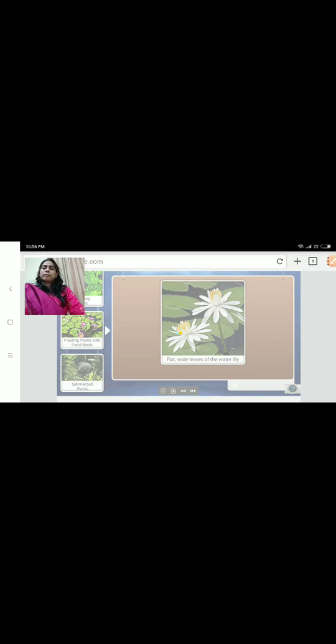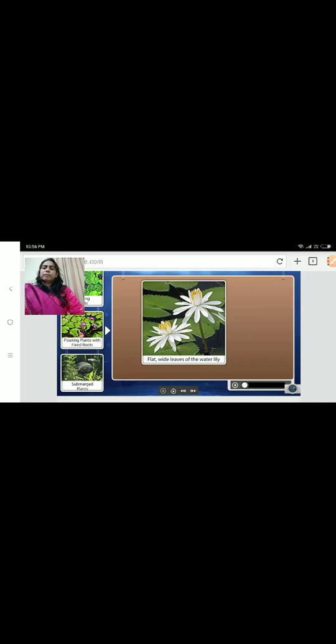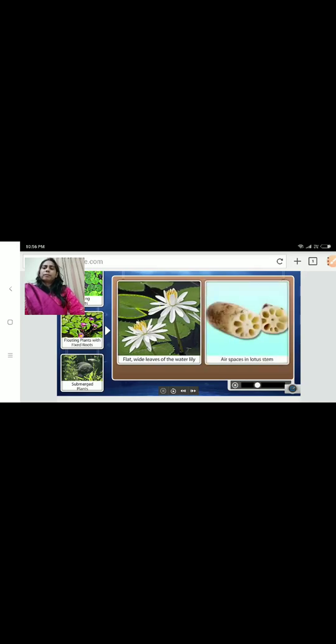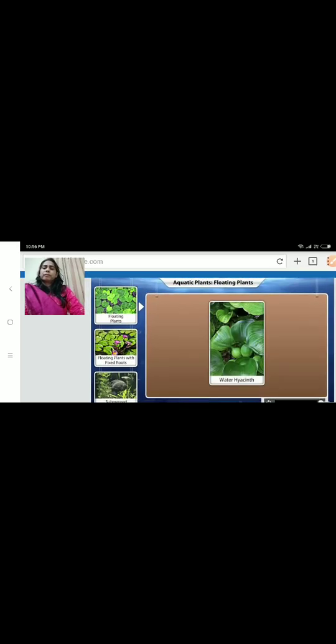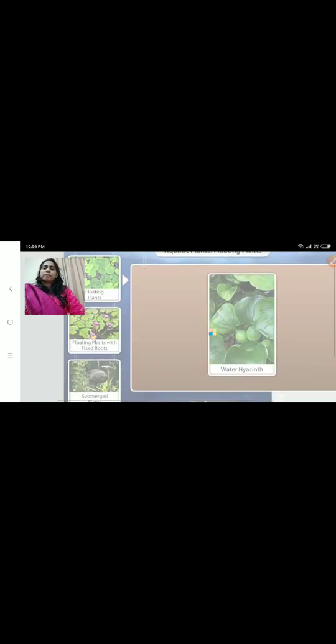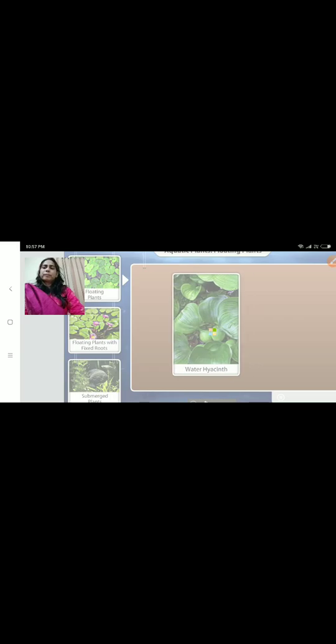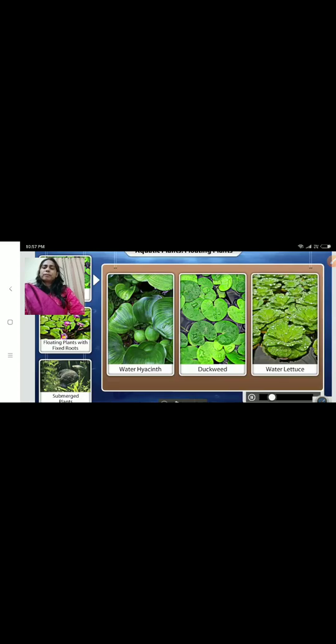The roots of lotus and water lilies are fixed in the soil at the bottom. Lotus leaves are waxy and waterproof. The flat, wide, waxy leaves and long hollow stalks help the leaves float on the pond's surface. Water hyacinth, duckweed, and water lettuce are very light and spongy.